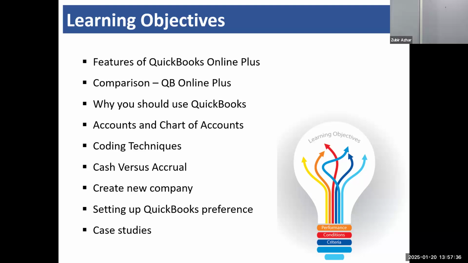And also we have accounts and chart of accounts. In QuickBooks, we are going to use what we call codes. And that's why you need to also learn how to do the coding techniques. We don't open the account like T account, sales account. We don't have like property, plant, and equipment account.